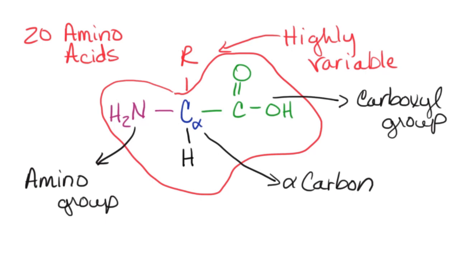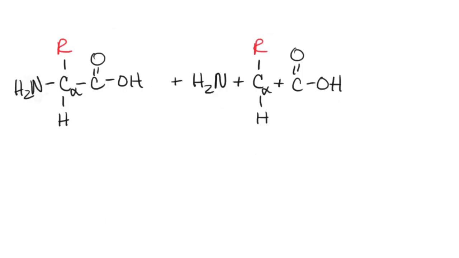Now, as we mentioned, these amino acids are going to be used to make proteins. So they are going to get hooked together to make larger molecules or larger polymers. Here I have two different amino acids drawn. These are just representing generic amino acids, which is why I haven't put any detail on the R group or the side chain. So this would apply to any two amino acids.